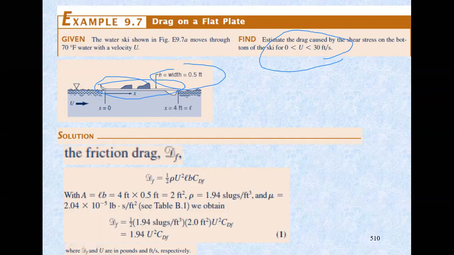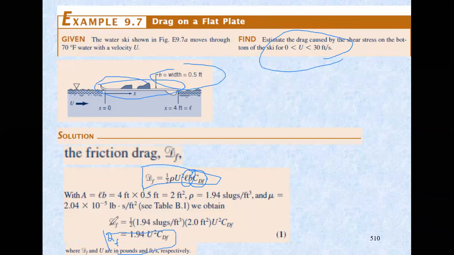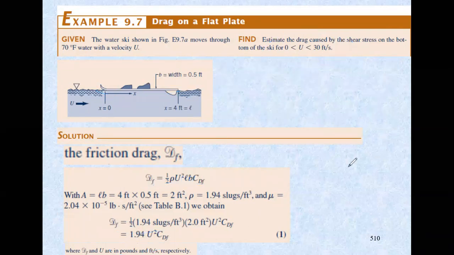Okay, so the friction drag dF is equal to the characteristic pressure, half of rho u squared, times the area, times the drag coefficient. A is given, L times B is 2 feet squared, the density of the water, the viscosity of the water. So we can find dF as a function of CDF because we're going to use different CDF according to the flow, whether it's laminar or turbulent.